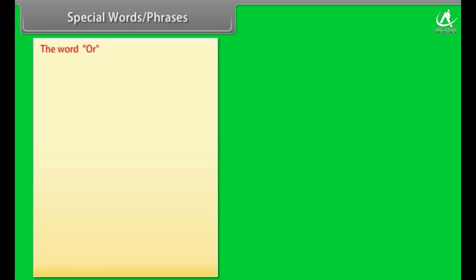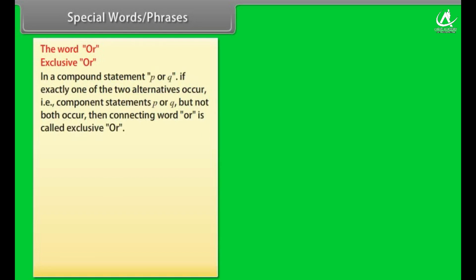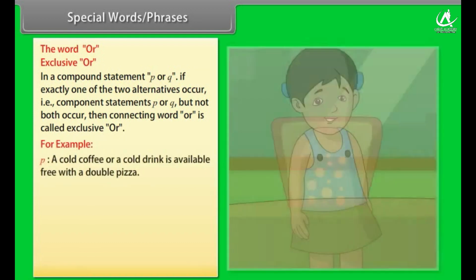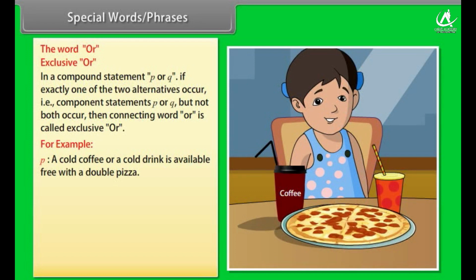The word "or". Exclusive or. In a compound statement P or Q, if exactly one of the two alternatives occurs, that is, component statements P or Q, but not both occur, then the connecting word "or" is called exclusive or. For example, P is a statement that a cold coffee or a cold drink is available free with a double pizza.